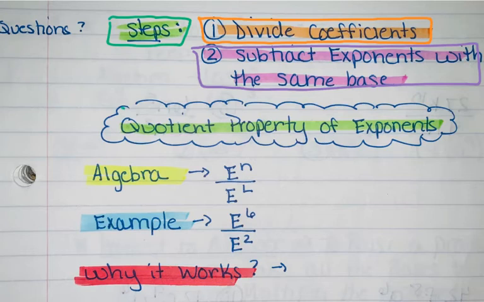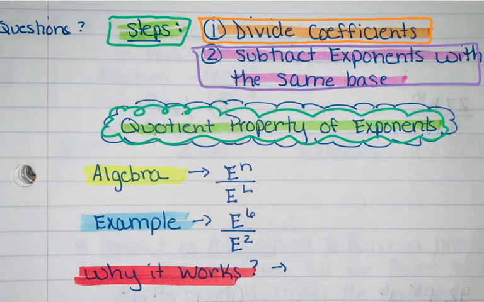So focusing on the quotient property of exponents, if I'm looking at the algebra rule, I'm going to follow that. Well, I don't have any coefficients, but I do have like bases. I have like bases e, and then my exponents are n and l.